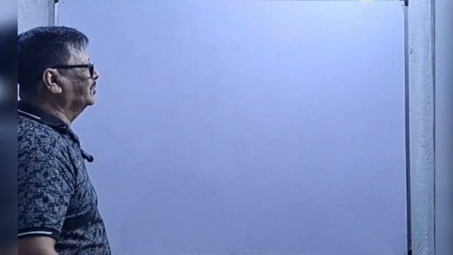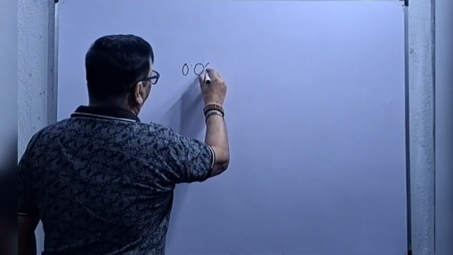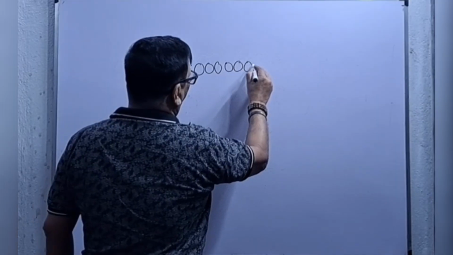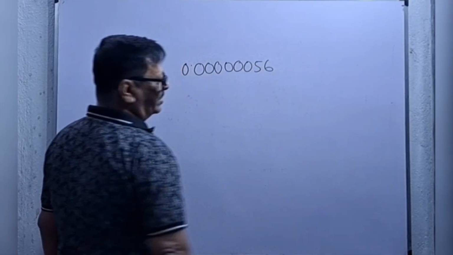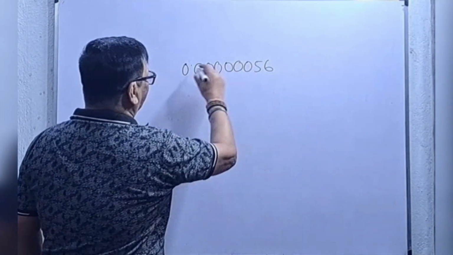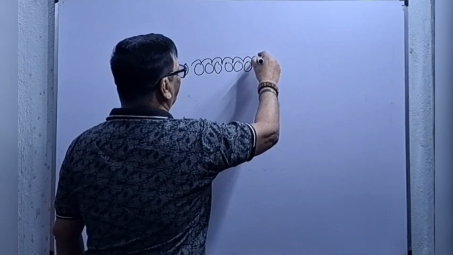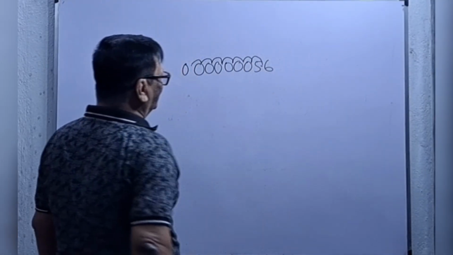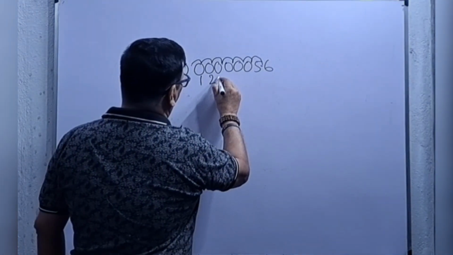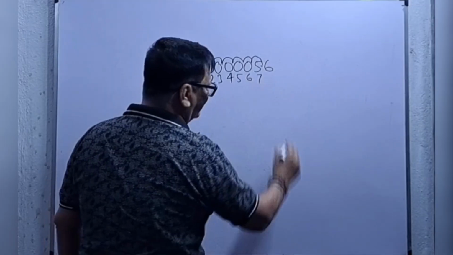Clear? Now suppose we have a number like 0.0000056. Right? So the decimal point is here. We have to take this decimal point and shift it to this place here. So that means multiplication by how many zeros? 1, 2, 3, 4, 5, 6, 7.